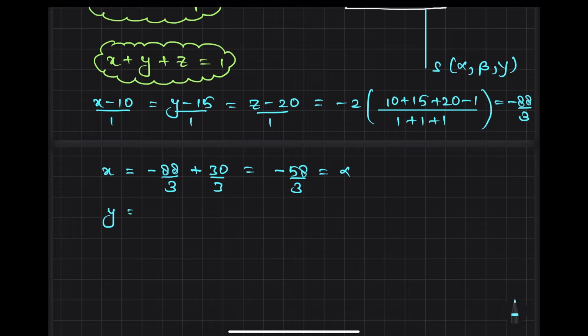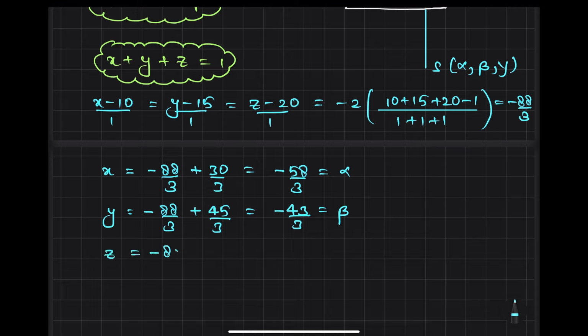Similarly, y will be equal to what? Minus of 88 by 3 plus 45 by 3. So we got minus 43 by 3. This is your beta.